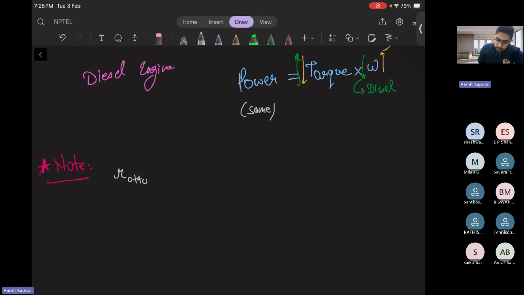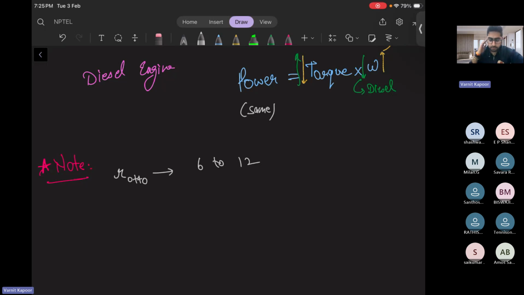Let me write a note. Compression ratio of Otto cycle is generally between 6 to 12. Because of that, when you are compressing the air fuel mixture, the temperature is not sufficient. That's why you need an external spark from the spark plug.